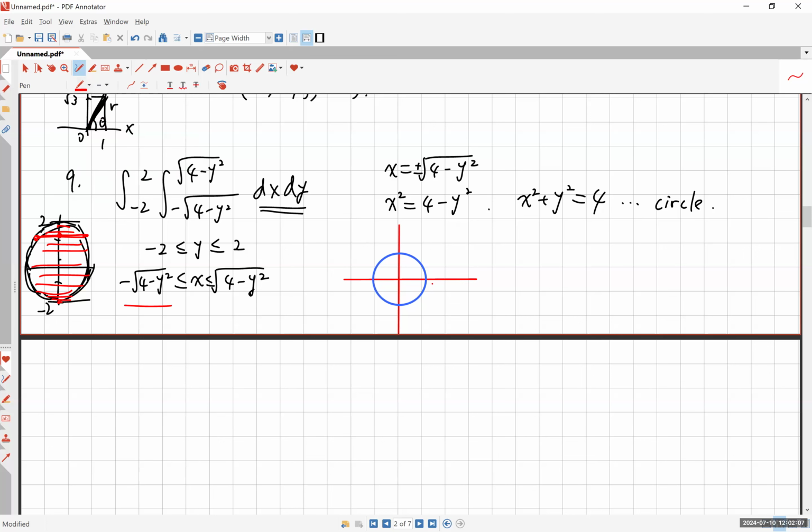What you want to say is that it's going to be a circle. And of course, the area of the circle is going to be 4 pi, a circle of radius 2, centered at the origin. So that's the region whose area is expressed by this double integral.